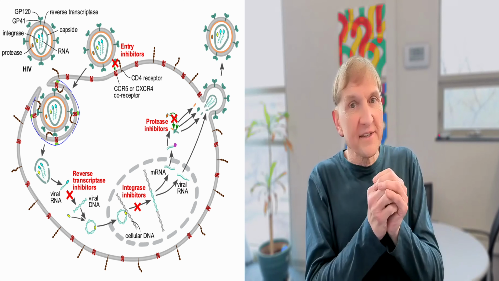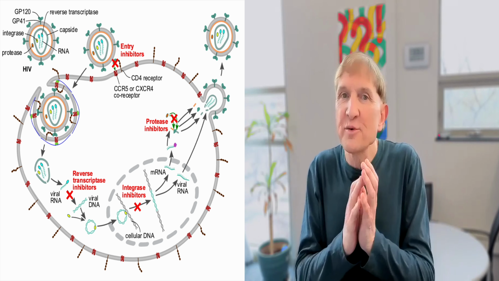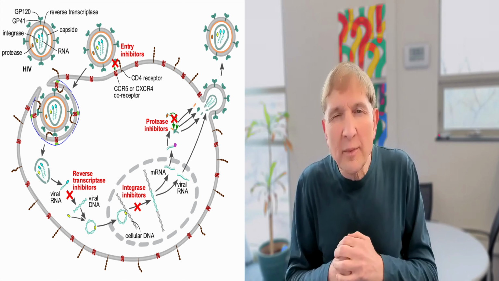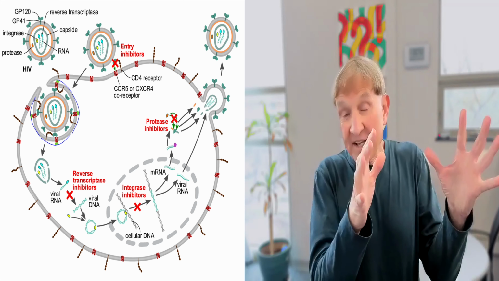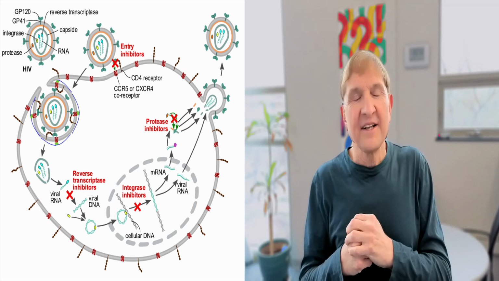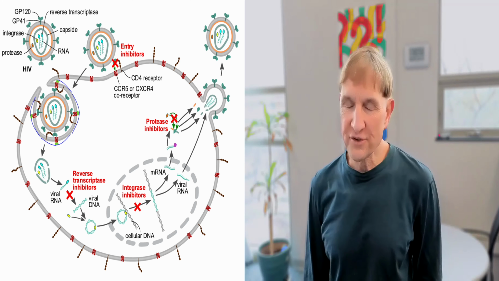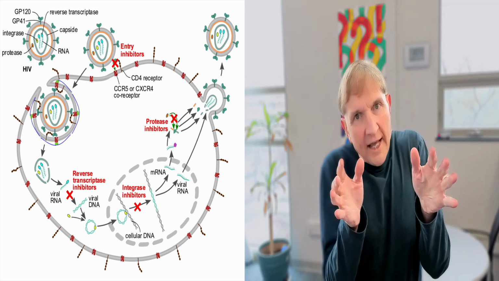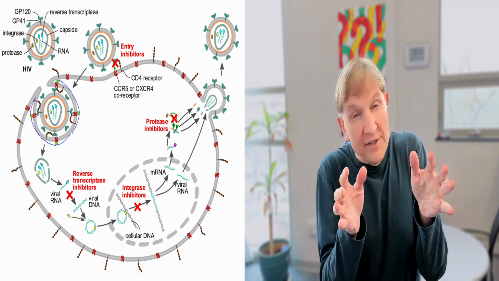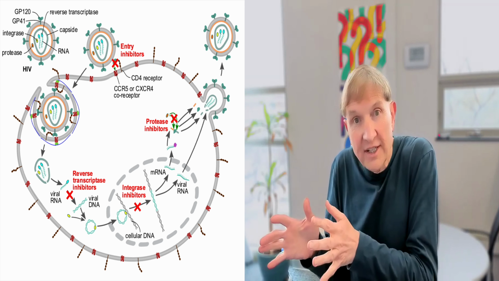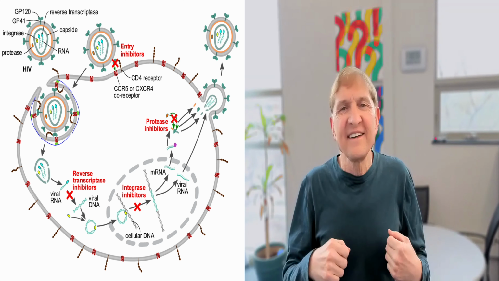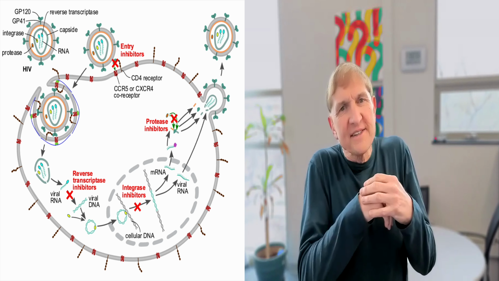Once it's inside the cell, the virus has a problem because it's an RNA virus. It's a little bit of a special one. It has to generate DNA. So that's reverse transcription. After reverse transcription, the DNA, which encodes for the virus, is inserted into the host DNA. And then the host unknowingly takes over and it replicates everything.